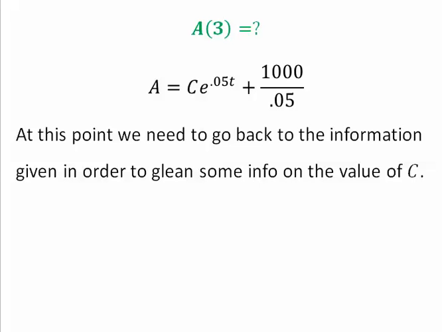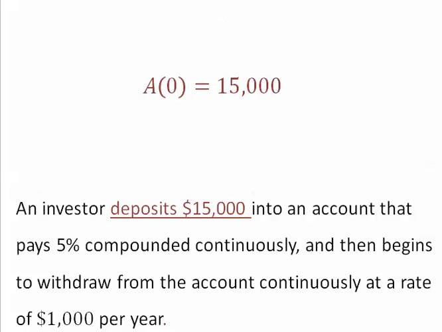At this point, we need to go back to the information in order to glean some sort of clue as to what C might be. We were told that the investor deposits $15,000. So at time 0, the account has $15,000.